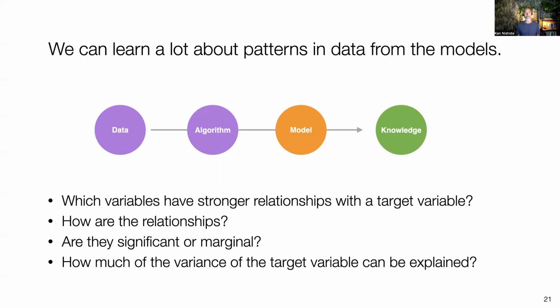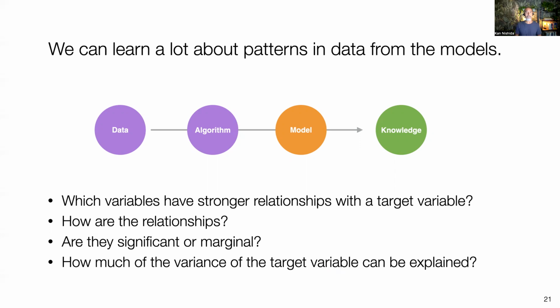Something like which variables have stronger relationships with a target variable compared to other variables, or how that relationship works. For example, if the customer spends more time, does the probability of conversion increase or decrease, and if it increases, by how much, and is there any limit to the time spent, and so on.